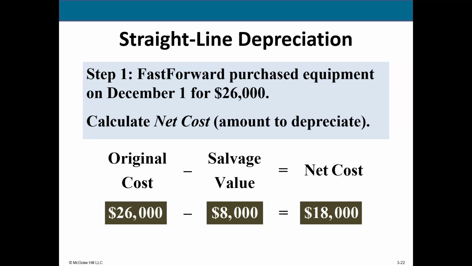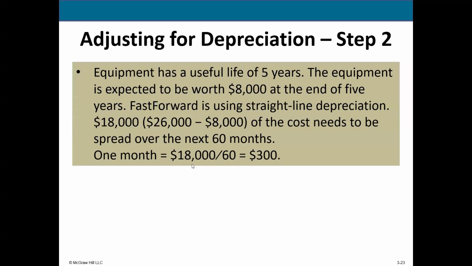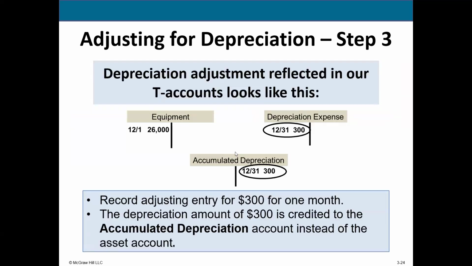I'm going to then take that 18,000 and divide by 60 months, or 5 years. 18,000 divided by 60 months means my depreciation expense per month is going to be $300. So at the end of every single month for 5 years, I'm going to debit depreciation expense and credit an account called accumulated depreciation.